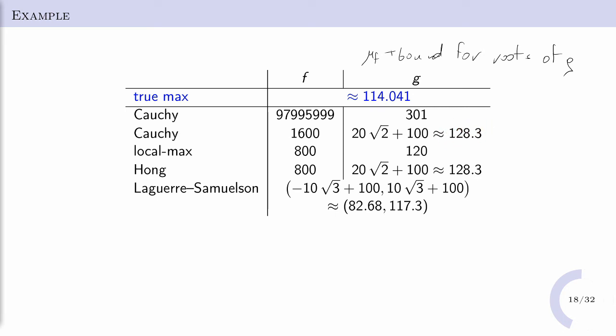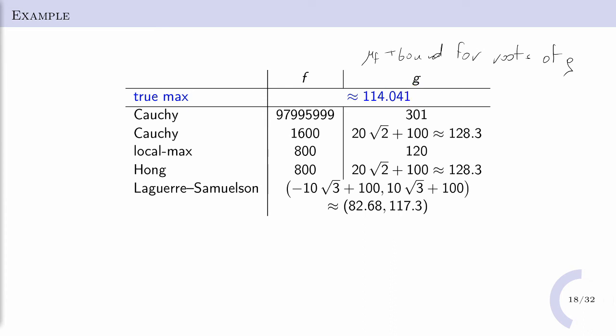And now the more modern bounds, if we compute the local max directly at f, we have upper bound 800. However, if we first depress f, we compute the bound would be 20 plus this mean 100, so we have 120, which is even better than the previous one, and it is really good bound for the roots.